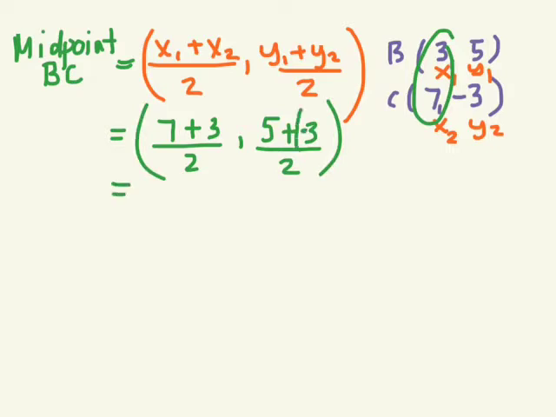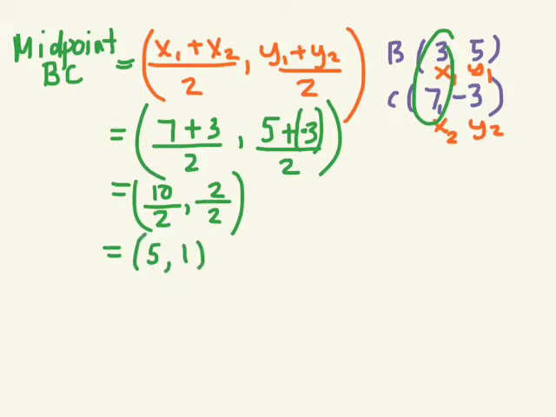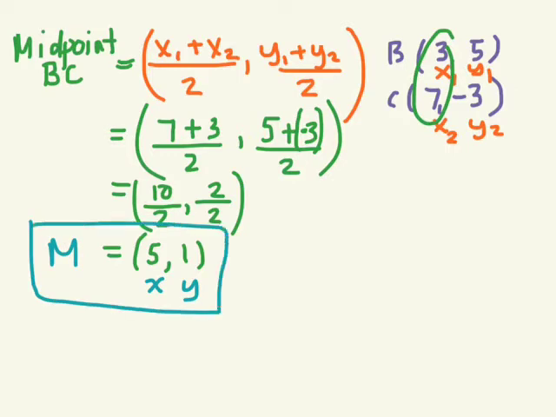What's 7 plus 3? 10 over 2, and 5 plus negative 3 is 2 over 2. 10 divided by 2 is 5, and 1. This is where my midpoint is located. It's halfway between B and C.